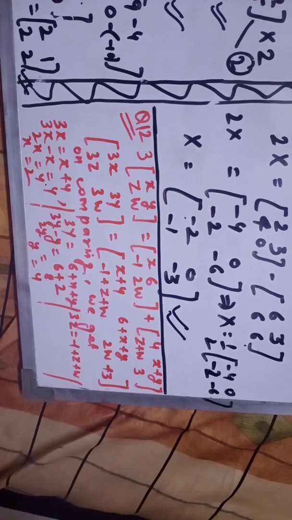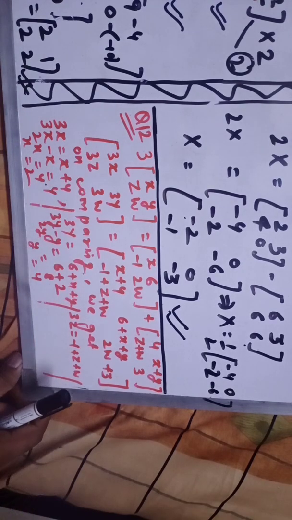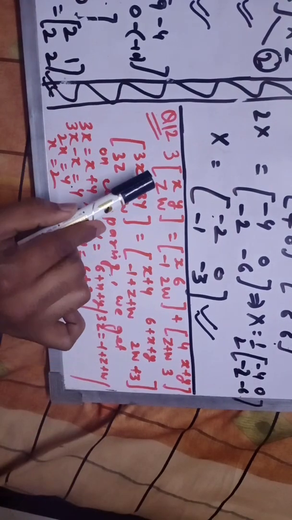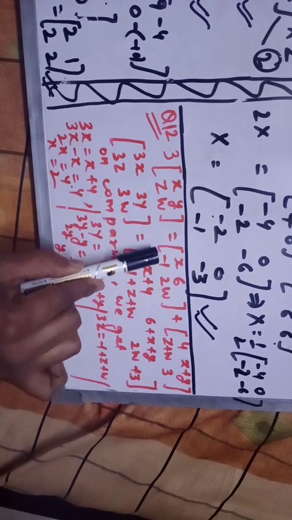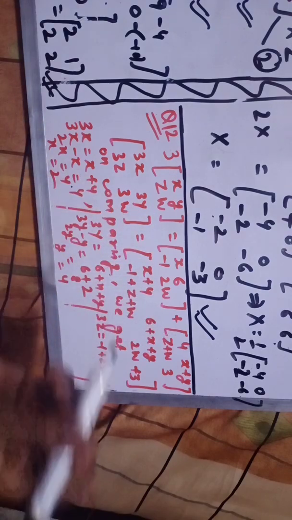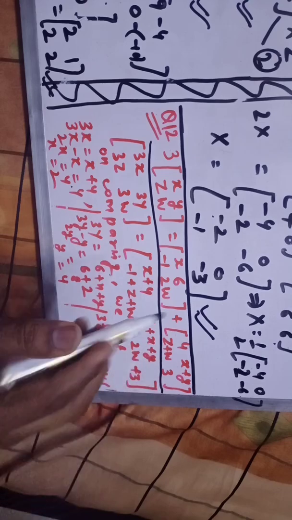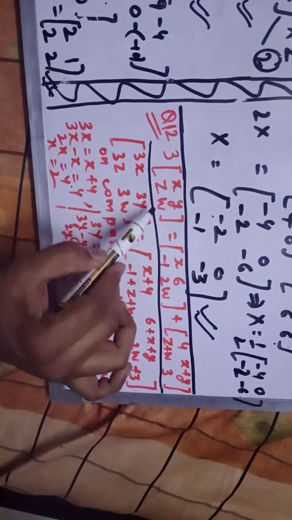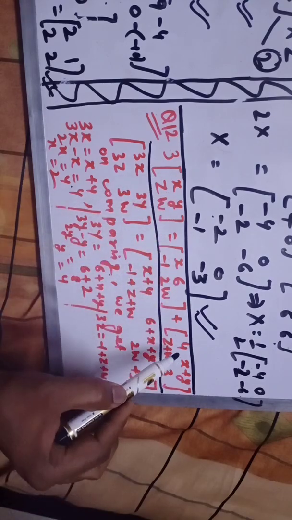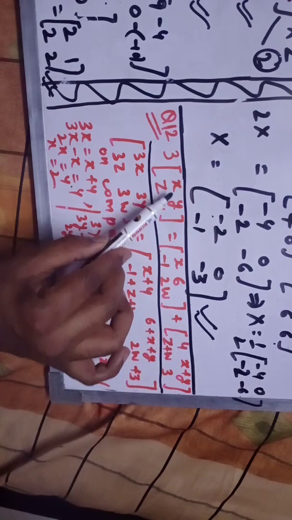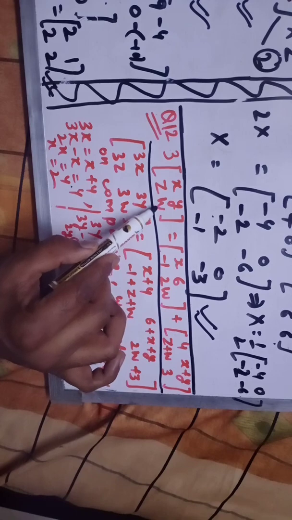Now, the next question is question number 12 of your NCERT exercise 3.2, same. So here this is given to us, this term is given to us. Fine, 3xyzw, and this is given to us, and we have to find out the value of the variable x, y, z and w.